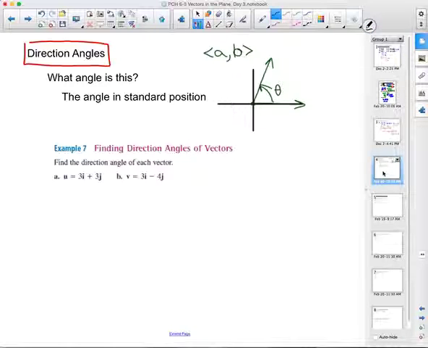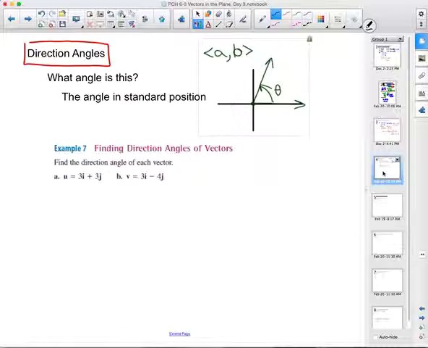So, you can see here, I have the vector AB. Here's my angle theta. Alright? If this is the vector AB, then the angle in standard position is the angle I'm looking for. Okay? Now, we already mentioned what this is related to, right?